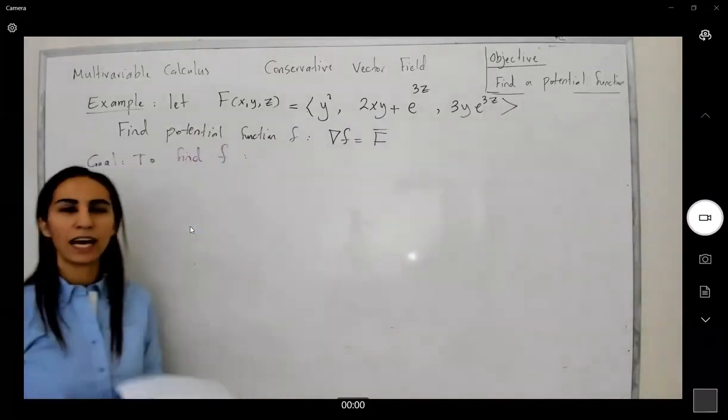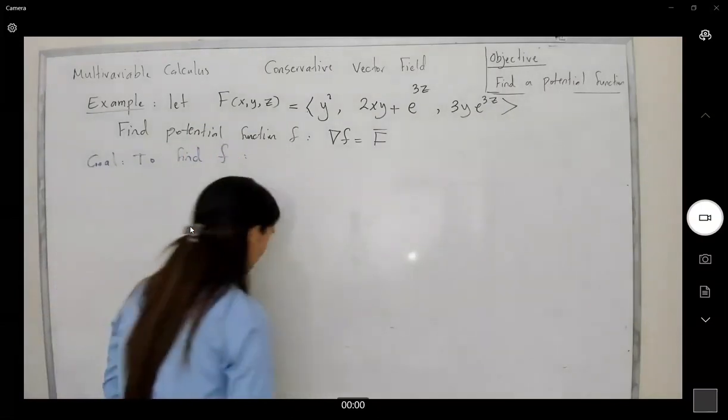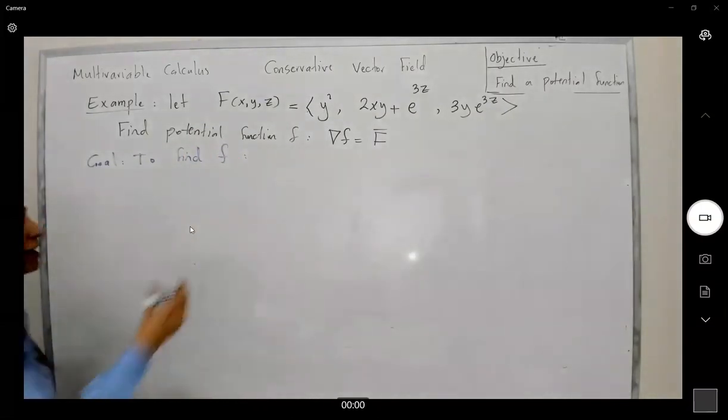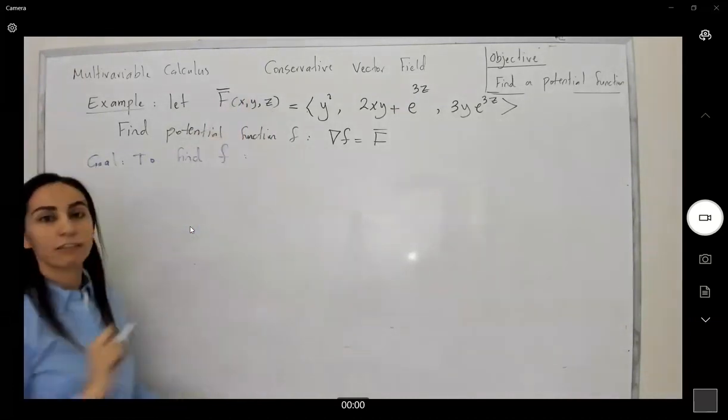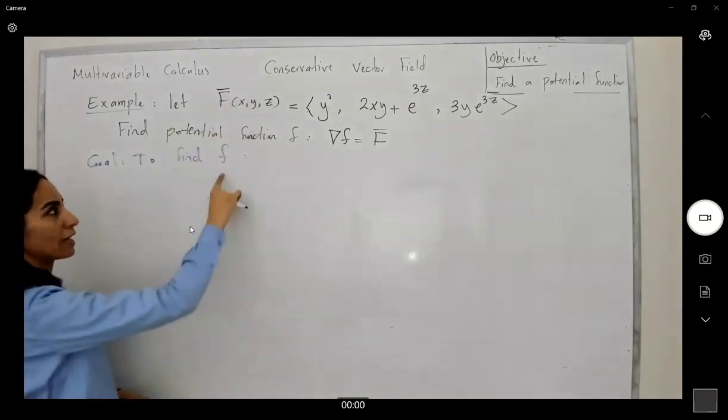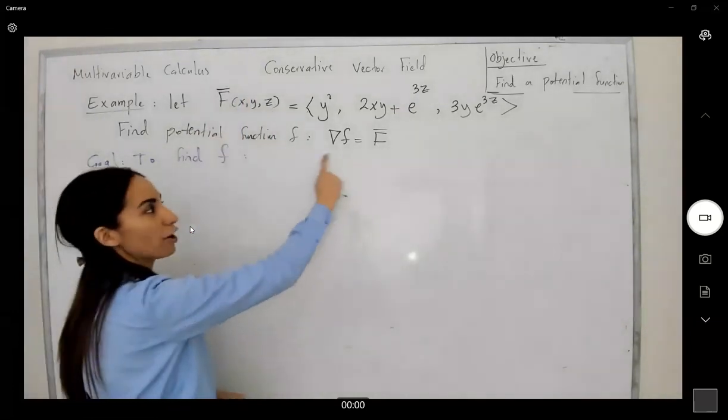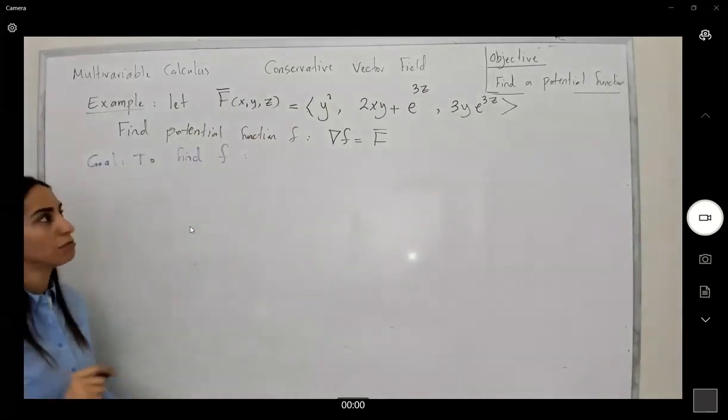To find f, we have some information. What information do we have? We have information about our vector field F, and we also know that this function must satisfy this equality. What's the meaning of that?